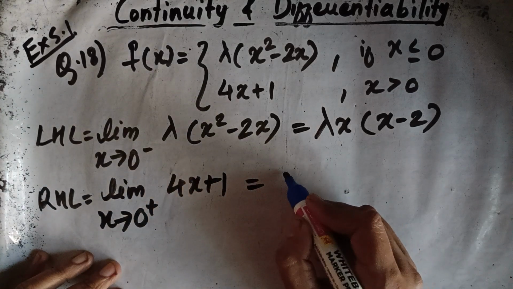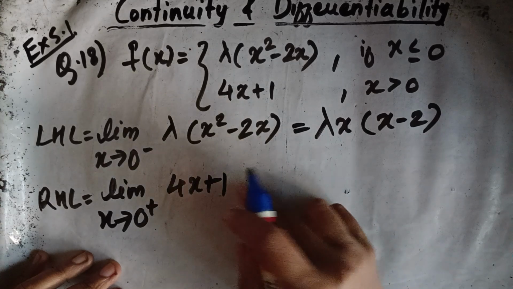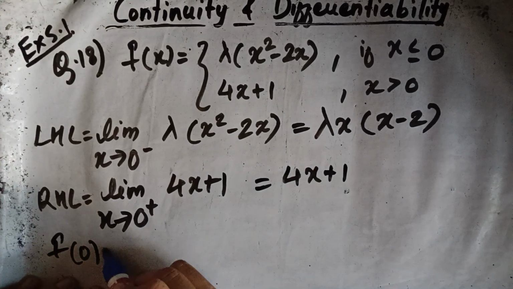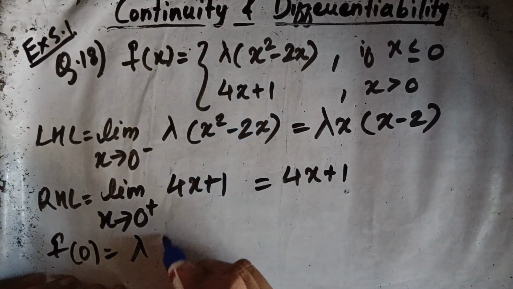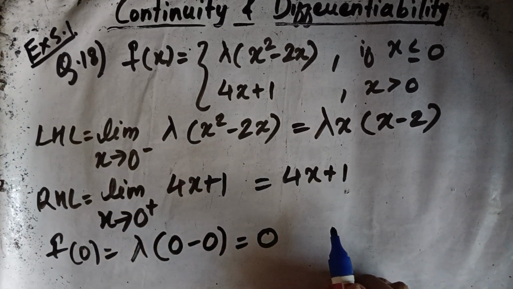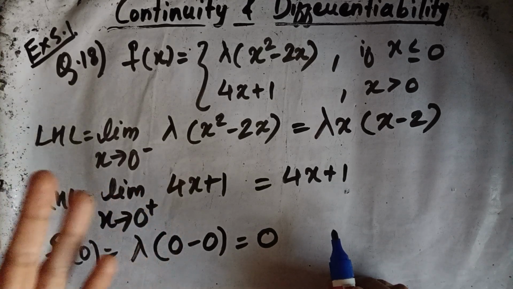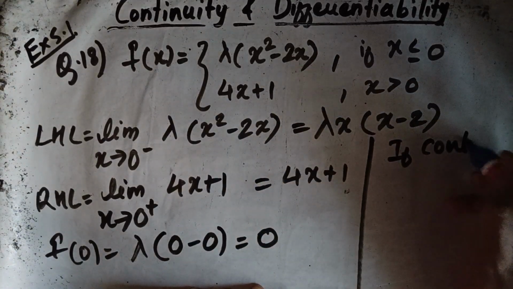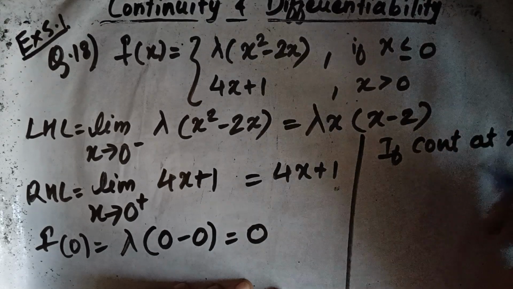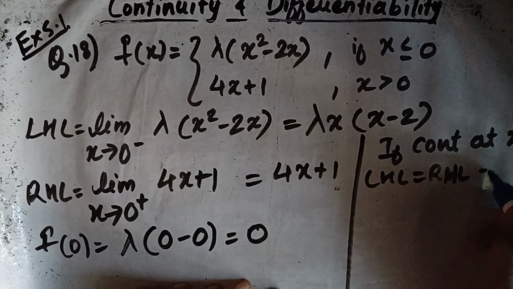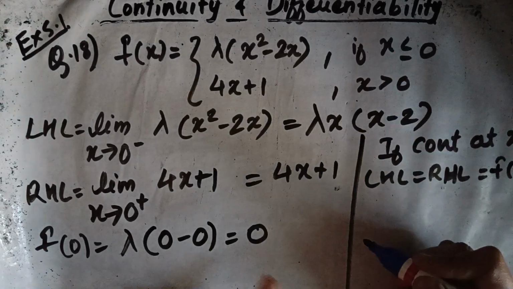What about x equal to 0? This function, lambda into 0 minus 0, so 0. F of 0 is 0. So if it was continuous at x equal to 0, then LHL is equal to RHL is equal to f of 0, right? F of 0 is 0.